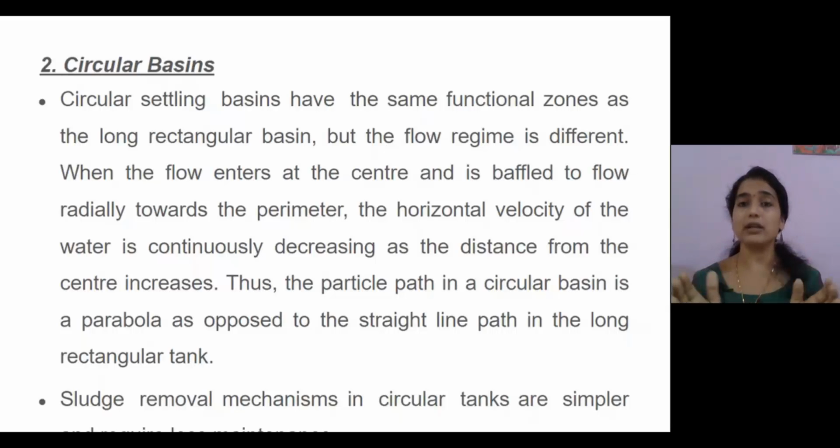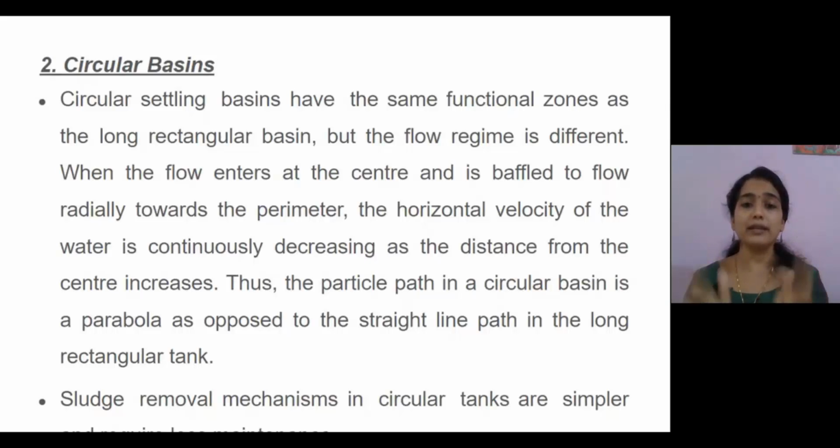In the rectangular tank, flow enters from one side and comes out at the other side. In the circular basin, the inlet pipe is fitted at the center, and the outlet will be at the periphery of the circular basin.